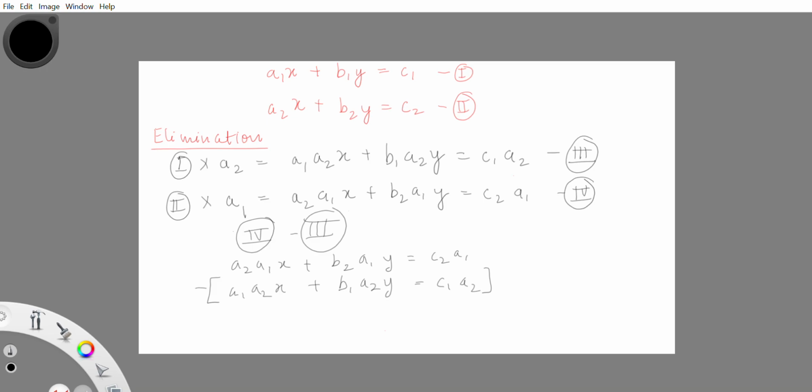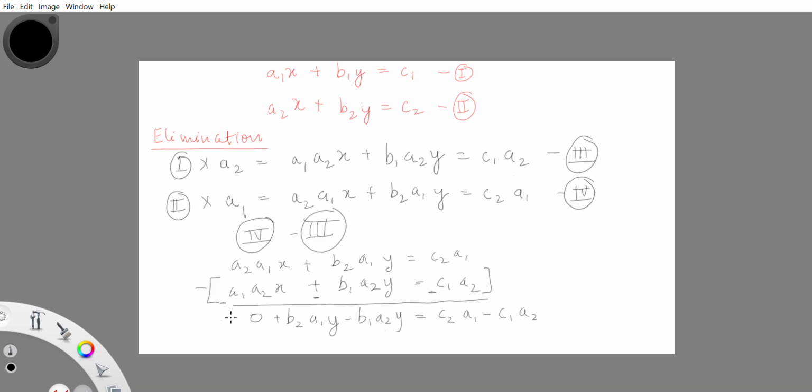Now we need to make sure that our signs are correct. So a2 a1x minus a2 a1x becomes 0. In the second I have b2 a1y minus b1 a2y is equal to c2 a1 minus c1 a2.